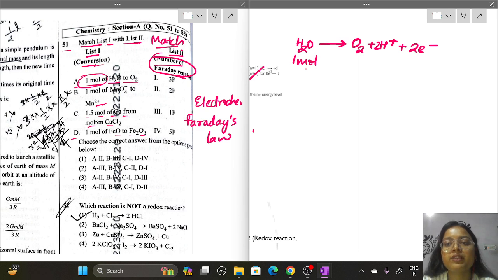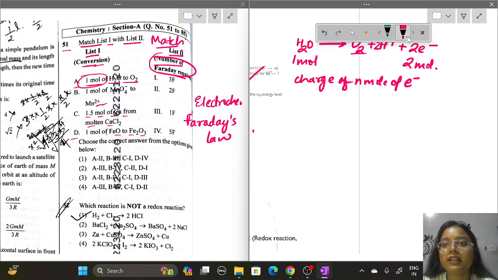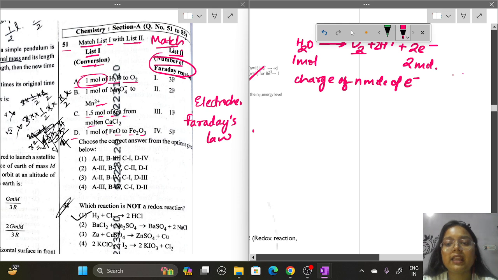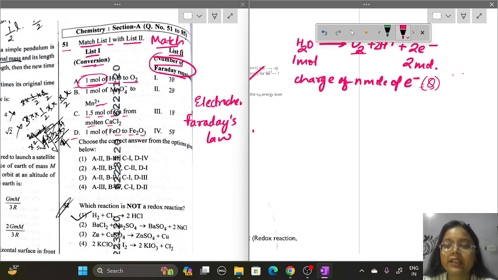So we have to find out the charge of n moles of electrons. How can we calculate the charge of n moles of electrons?